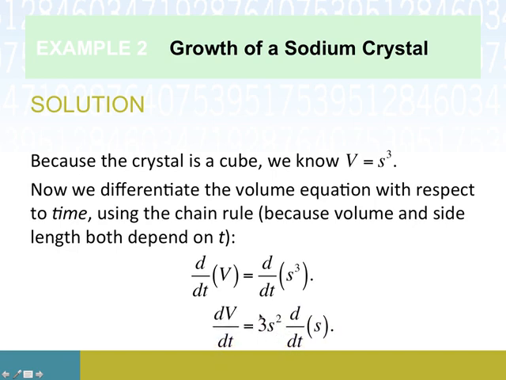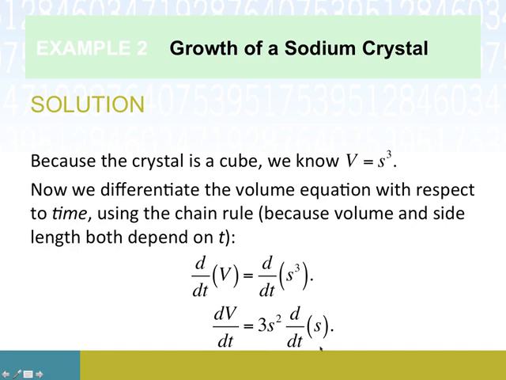Unfortunately, that's the beginning, but since the ultimate variable of interest is time, we have to tack on something due to chain rule. So just like with implicit differentiation, I'm supposed to think s actually is buried in there something to do with time. So when I take the derivative of s cubed, I'm really thinking the derivative of a bunch of stuff with t in it, all to the third power.